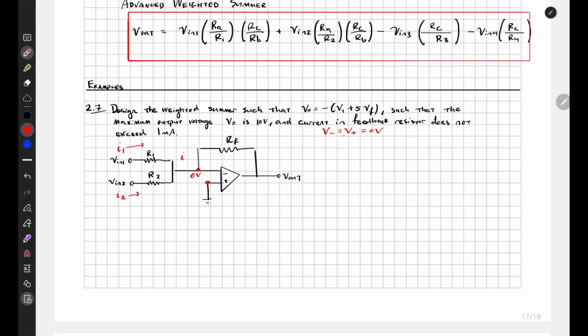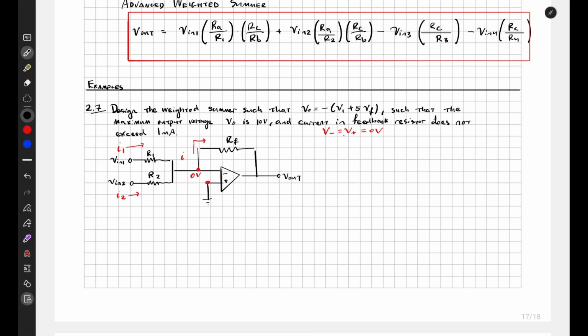In the case of the ideal op-amp, we know that no current goes into the op-amp at the input terminals. Because of that, I is also the same current that flows into this RF, because there's no current going into this V minus.